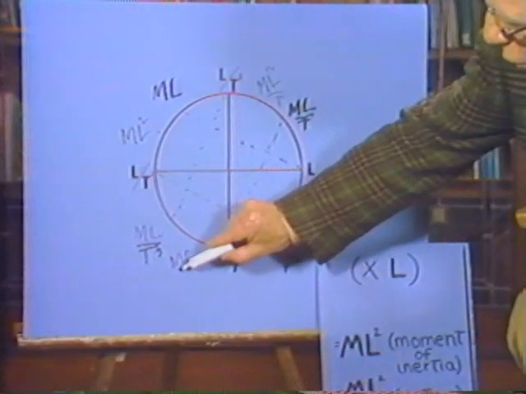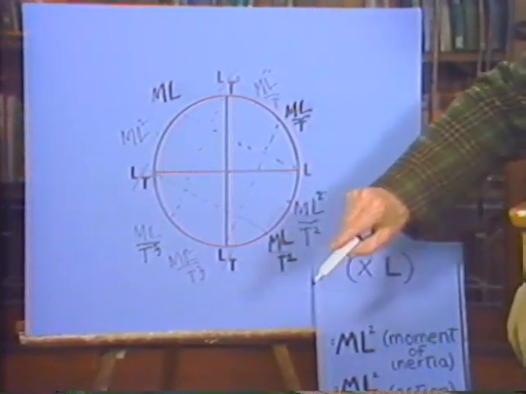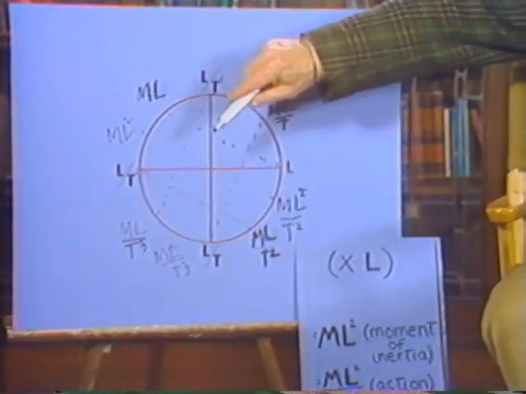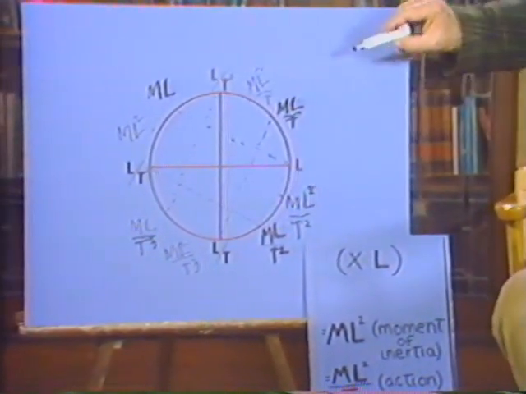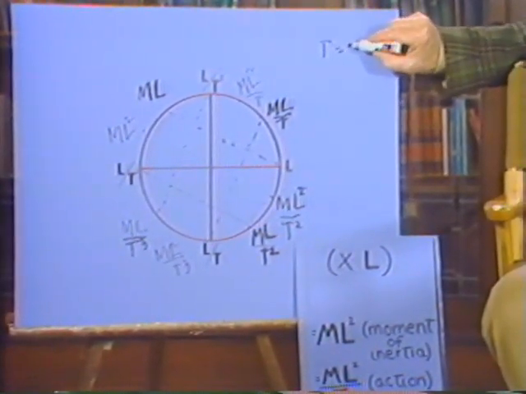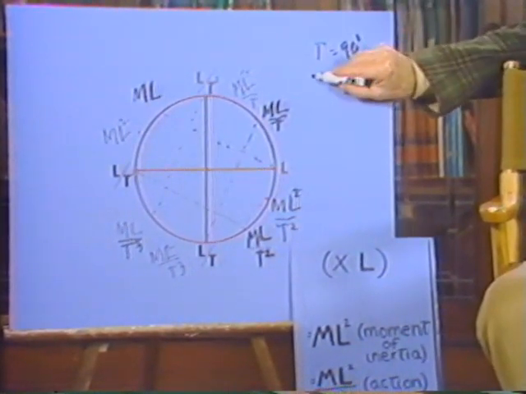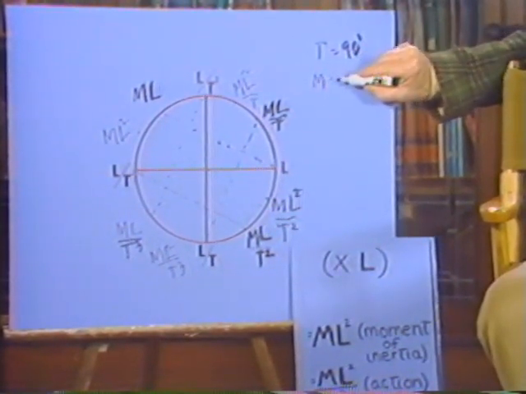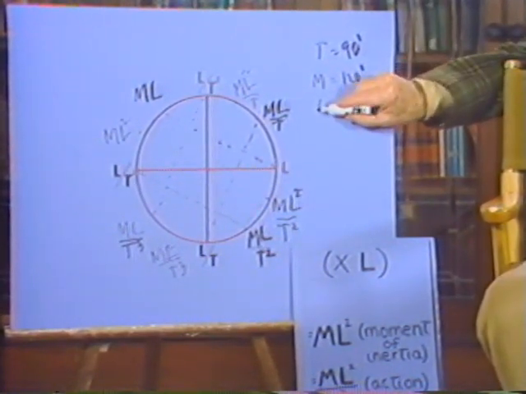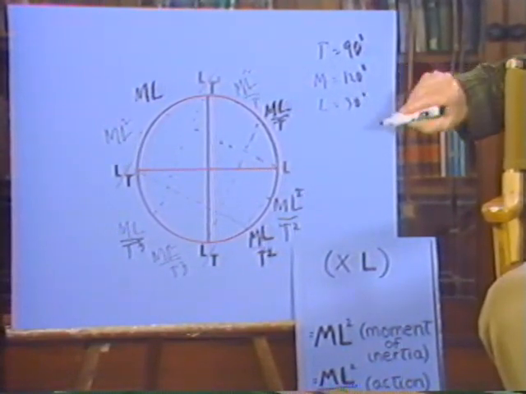Now I've got the 12 measure formula all arranged in this circle, and my convention is that t equals 90 degrees, mass equals 120 degrees, and L equals 30 degrees.